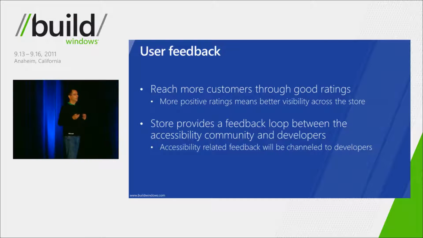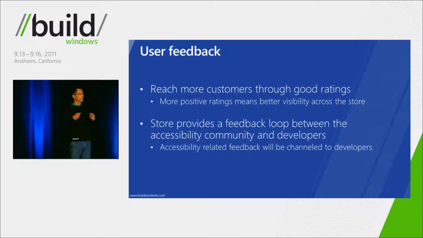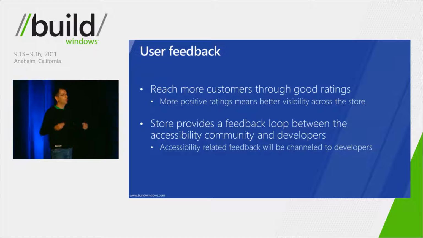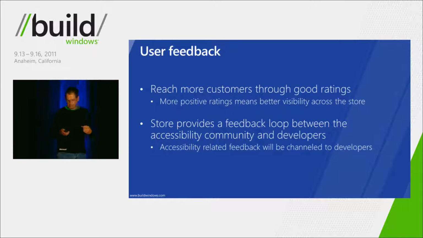And by building accessible apps, your customers will be showing their appreciation by giving your app high ratings, which will raise the visibility of your app on the store. And what's more, the Windows Store is a great way to channel feedback from your customers back to you to help you consider whether any adjustments or enhancements you'd like to make to the accessibility features of your app.